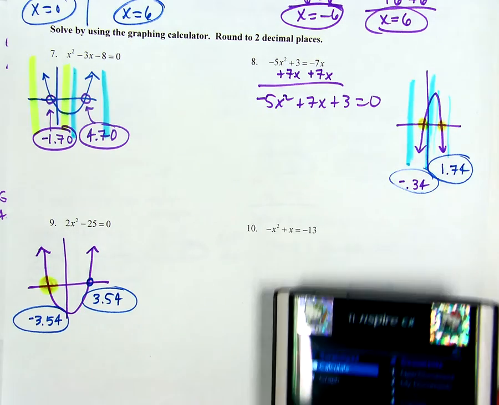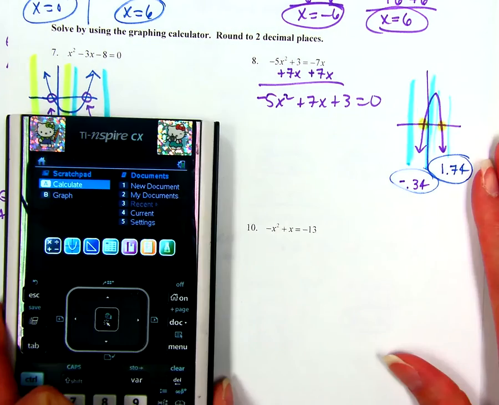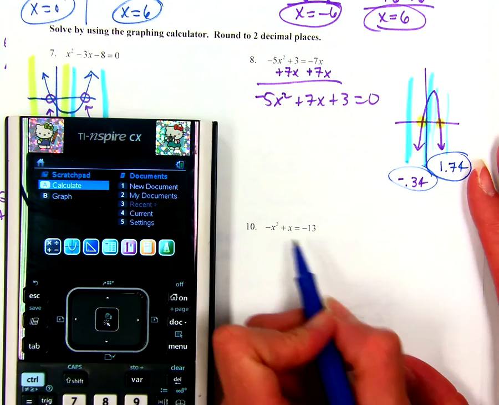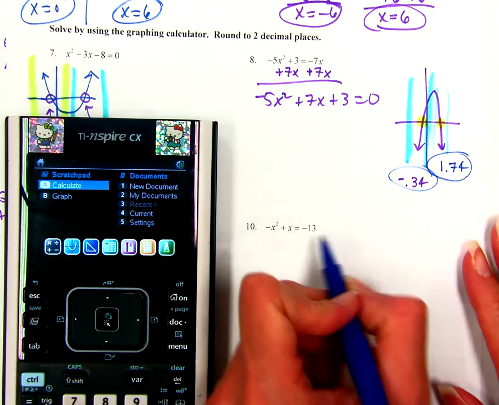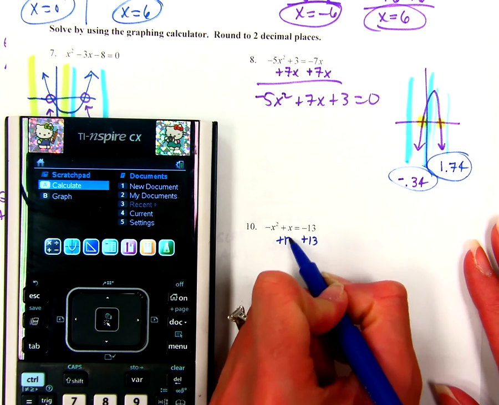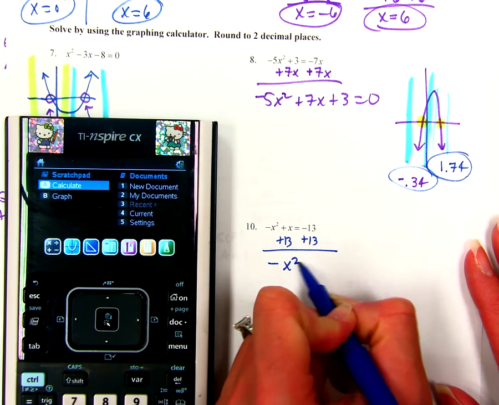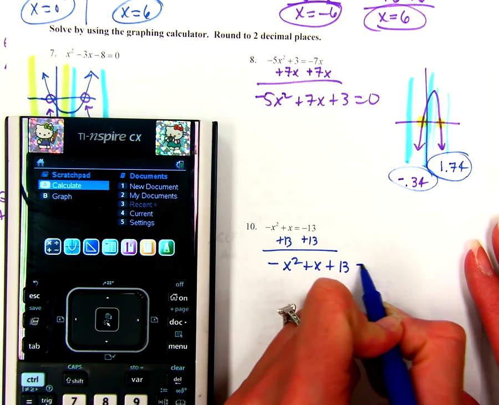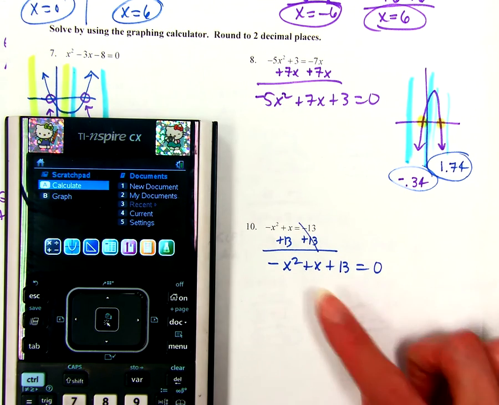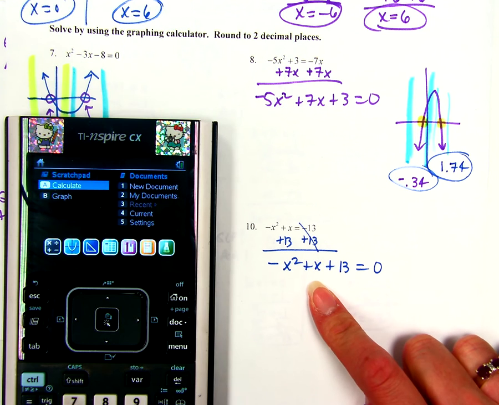Alright, we're going to do the last one using the Inspire in case any of you guys have that. So first we need to have everything on one side. Add 13. So we get negative x squared plus x plus 13 equals 0. Alright, so this is the graph you're going to type in.